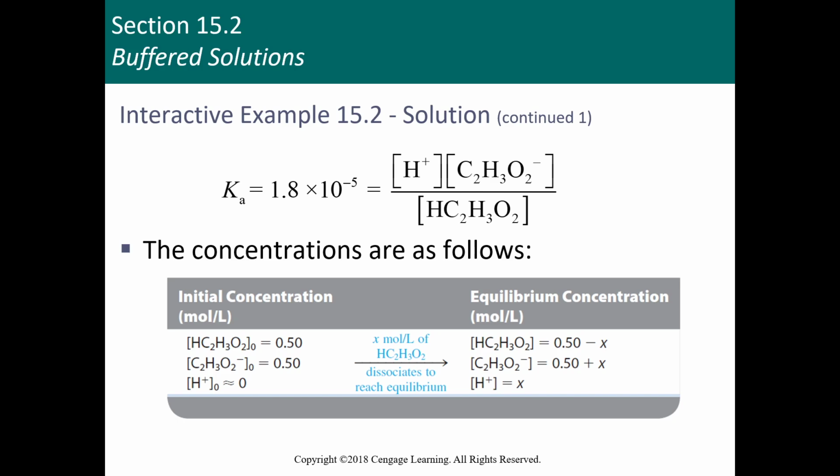Alright, so here's our equilibrium expression for our acetic acid, and it's just like every other time you've done this. Please make sure you have this down. This is the third chapter that you're doing these, and it should be fairly easy for you at this point. So H plus, the acetate anion, which is your conjugate base, and your acid. And that Ka was the value you're given in the problem.